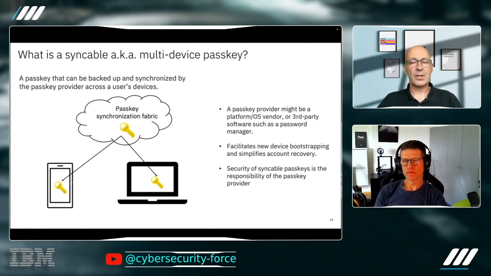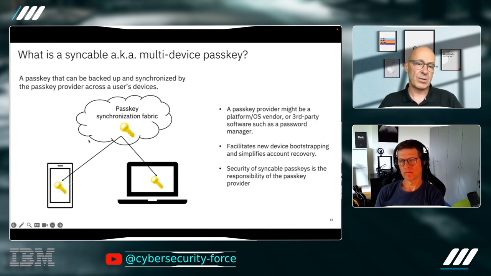So this solves something that was quite a hassle with the hardware security keys, because you created a passkey on such a hardware key, but if you lost that key, it was lost, right? You had to register again, or you had to take your precautions, like having 2 or 3 of these hardware security keys. So this problem is kind of solved when you start using something that synchronizes between the different devices.